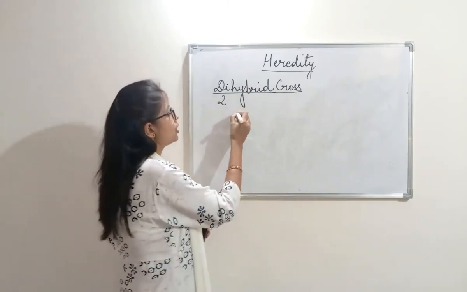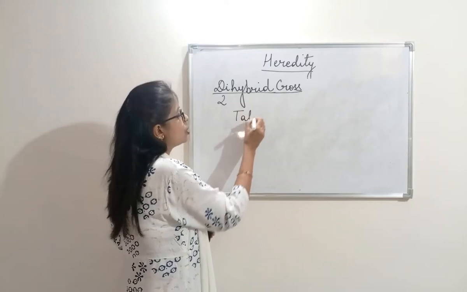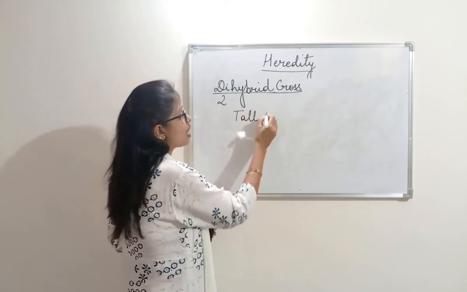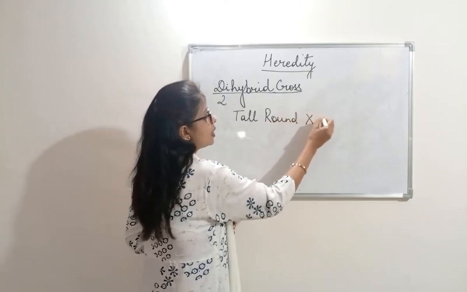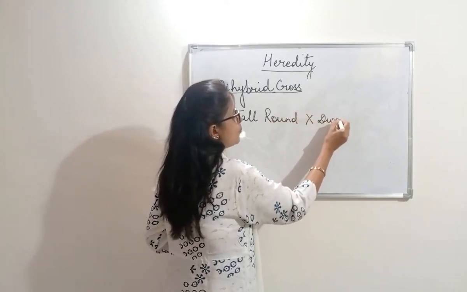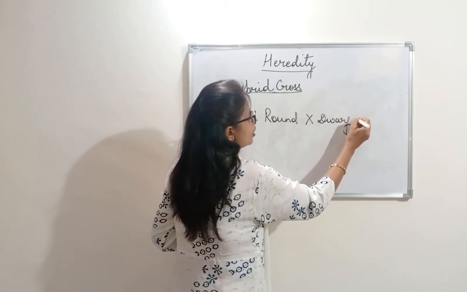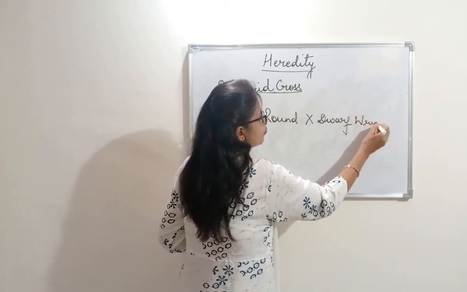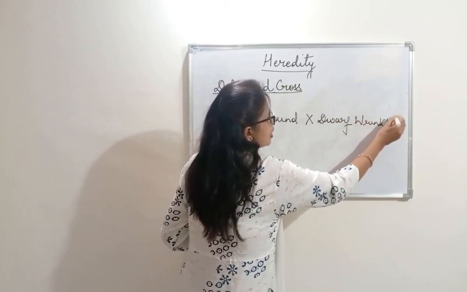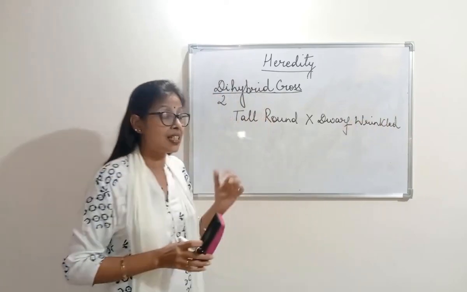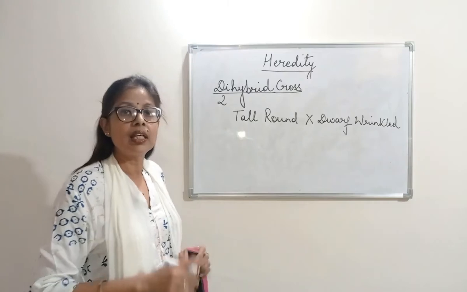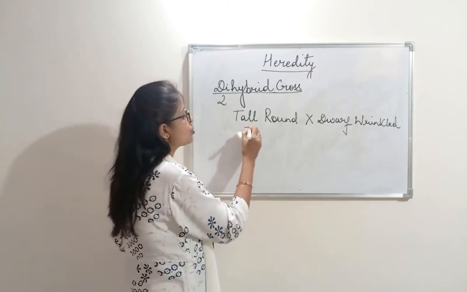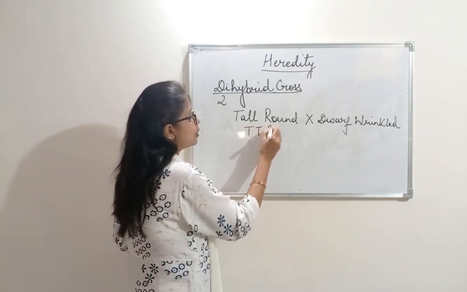He took, for example, a tall plant which had round seed, and a dwarf plant which had wrinkled seed. That means he had taken up two characters. For two characters, the number of genes will also become double.